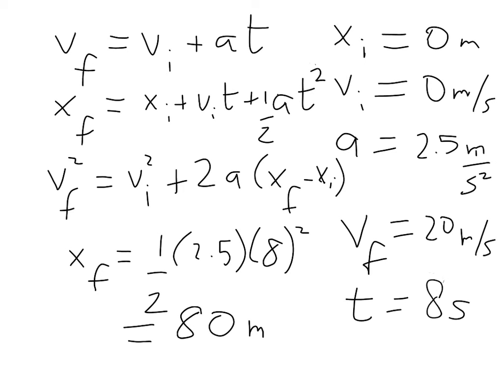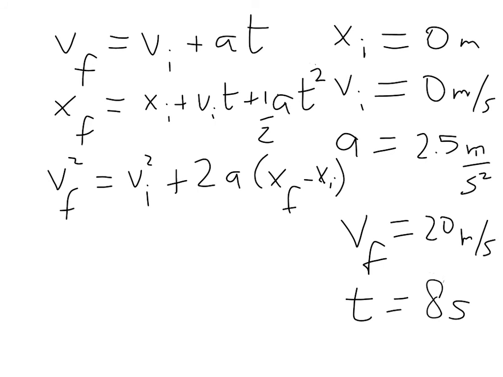Since the car was traveling at a constant speed of 15 meters per second, and 8 seconds have passed, we simply need to use this equation to find the current position of the car at t equals 8 seconds. Luckily for us, since the car is not accelerating, this term will not be there.